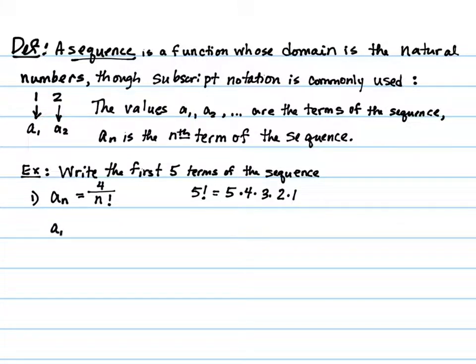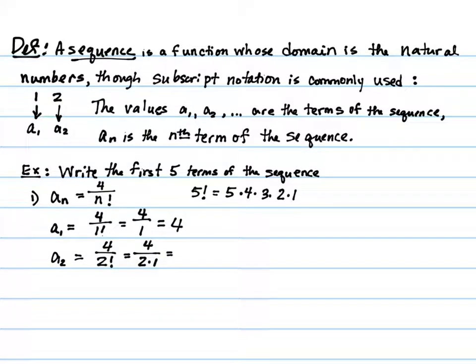Okay, so given that as a reminder, we're going to take a look at the first 5 terms. So we're going to find A1. A1 would be 4 over 1 factorial. 1 factorial is not very exciting. It's just 1. So the first term is 4. A2 would be 4 over 2 factorial. Well, 2 factorial is only slightly less not interesting than 1 factorial. It's just 2.